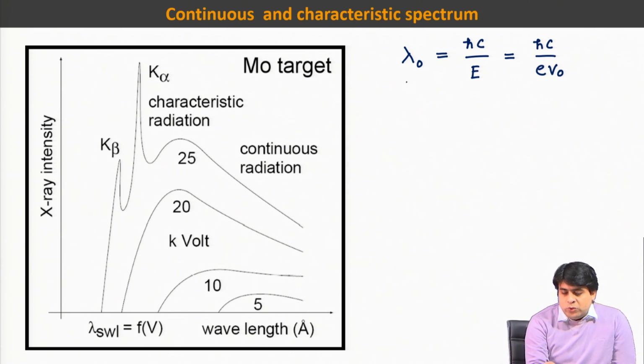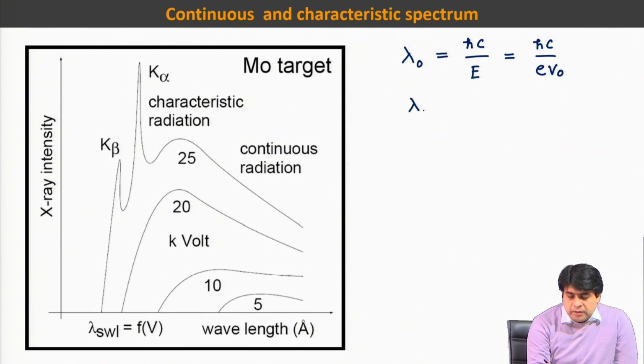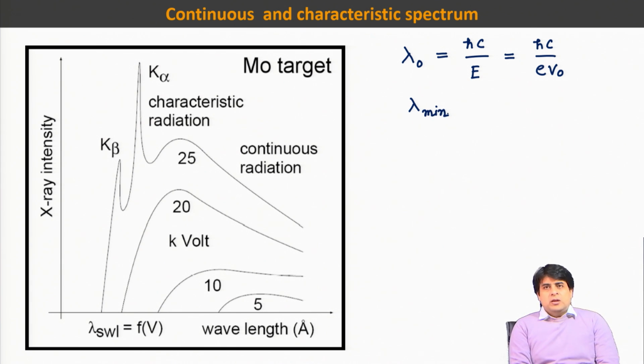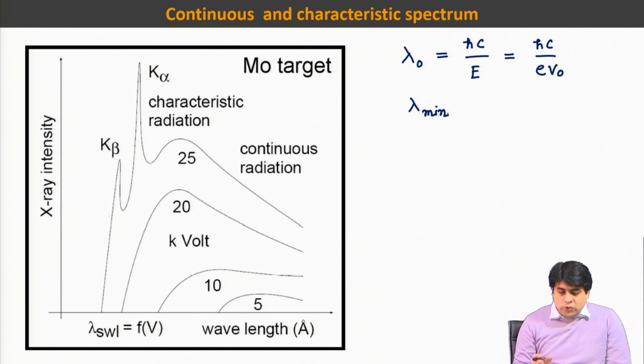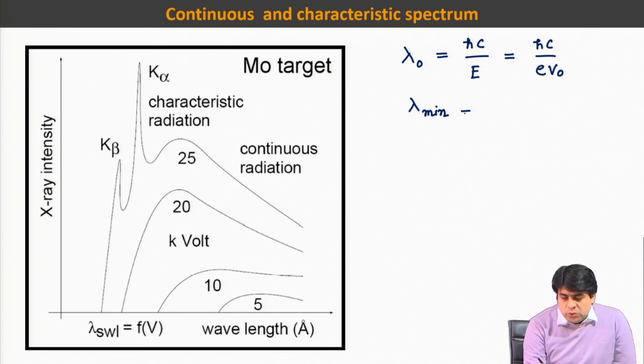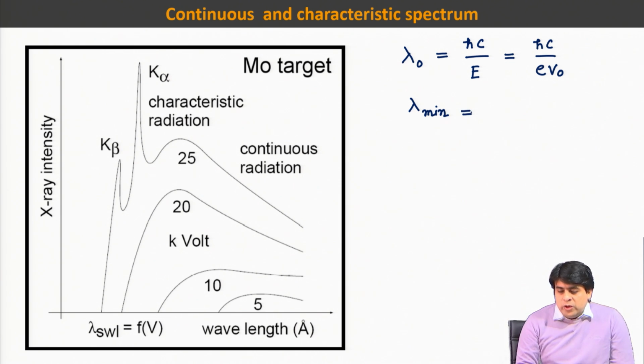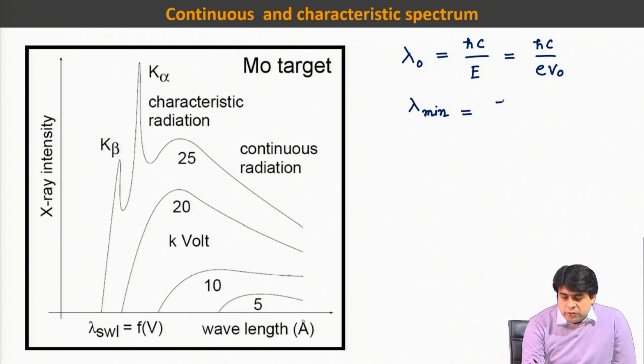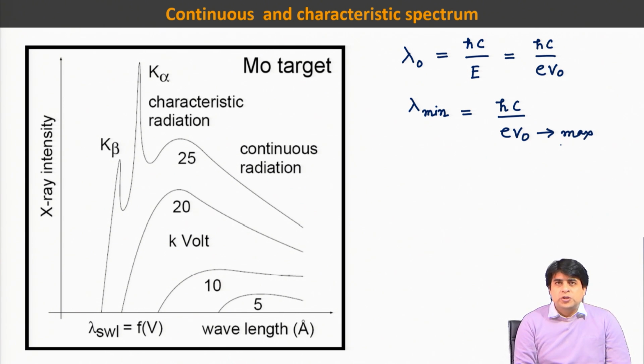If you try to calculate the minimum value of the wavelength of the photon, that occurs when you have a maximum V 0, so e V 0 is a maximum, because energy is inversely proportional to lambda.